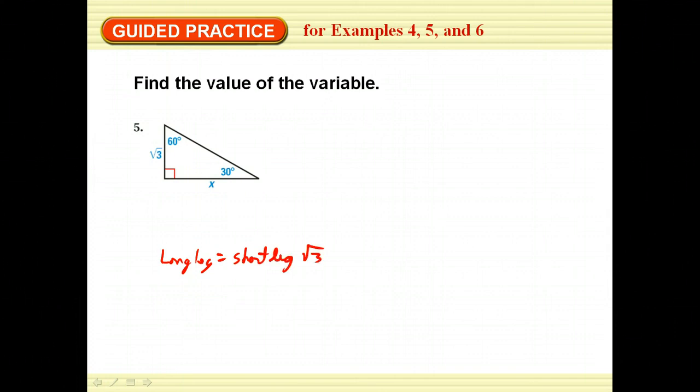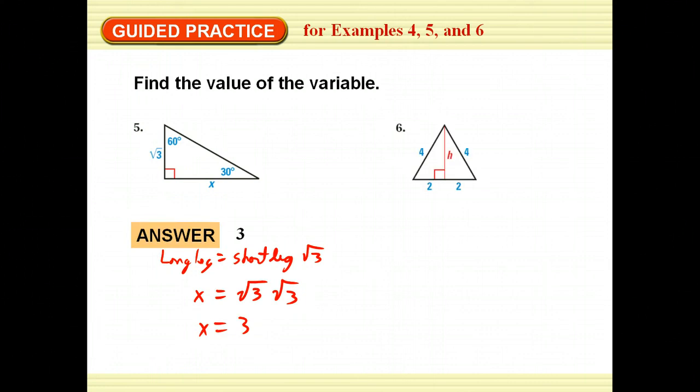So in this case, the long leg is equal to the short leg times square root of 3, so x is 3. What about in this one, finding h? Well, my short leg is 2, and h is my long leg, so the long leg is the short leg times the square root of 3. 2 times square root of 3.